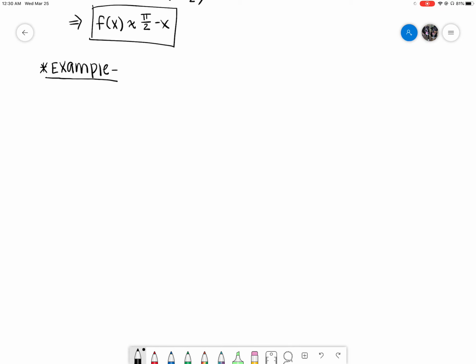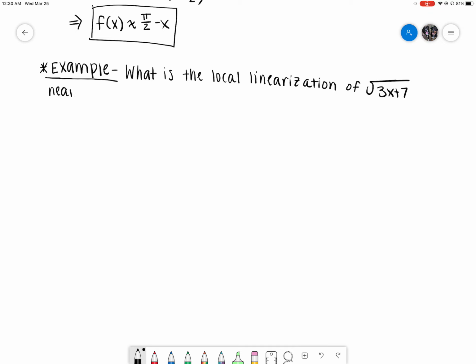So in this example, we want to know what is the local linearization of the square root of 3x plus 7 near x equal to 2.